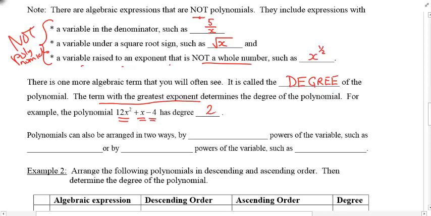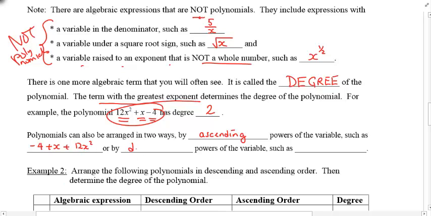Okay? And so polynomials can be arranged in 2 different ways. By ascending powers, so going from smaller to larger powers of the variable, such as the following. If I took the same expression, I'd write it as -4 plus x plus 12x squared.